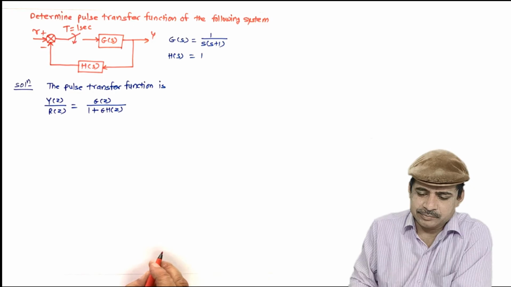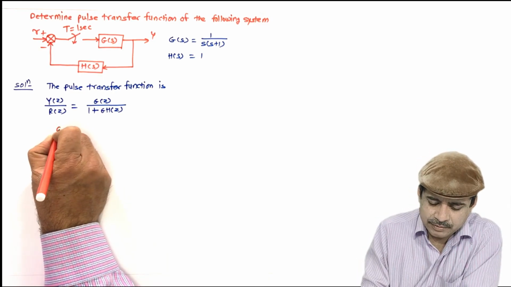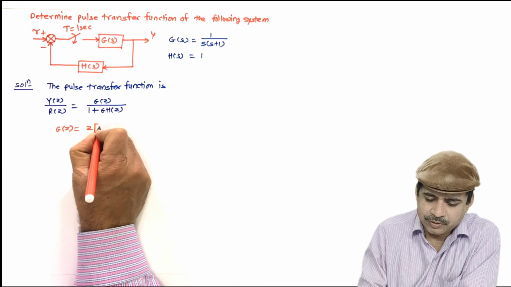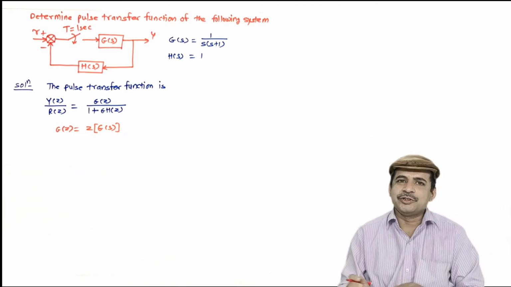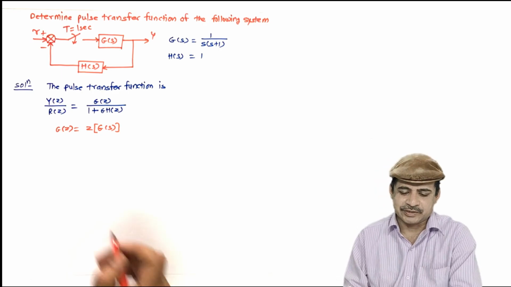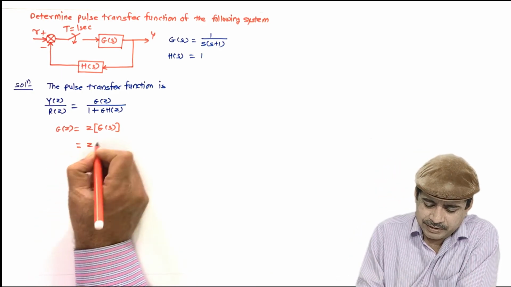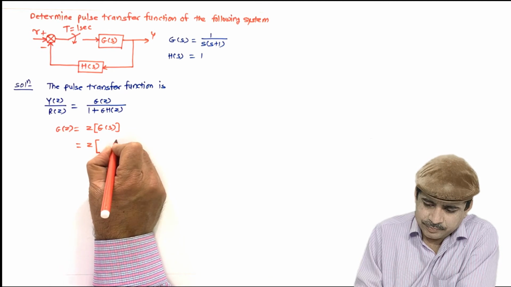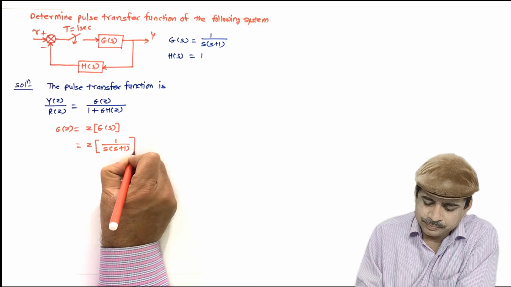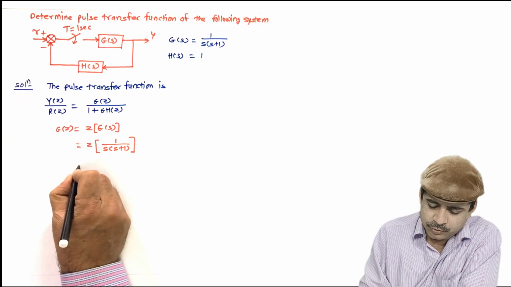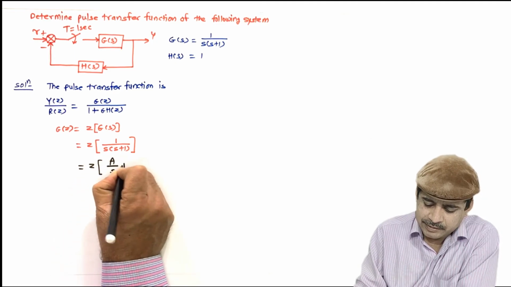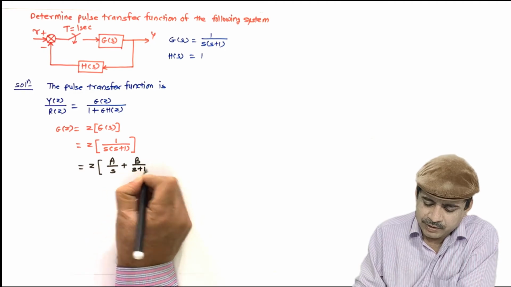So what is G of Z here? G of Z is the Z transform of G of S. So no zero order hold block is included here. Directly we have to find out G of Z as the Z transform of G of S, which is equal to Z transform of 1 upon S into (S plus 1), which is equal to Z transform of A by S plus B by (S plus 1).